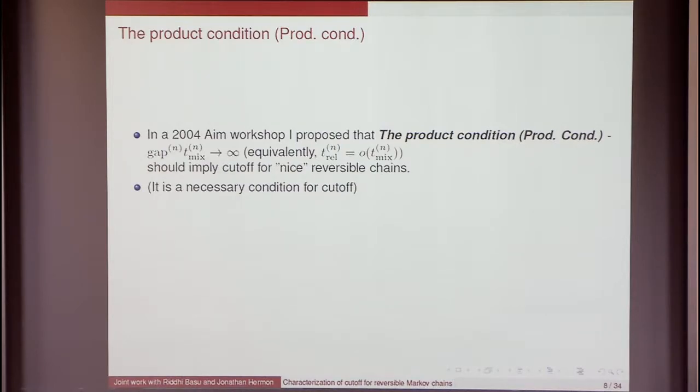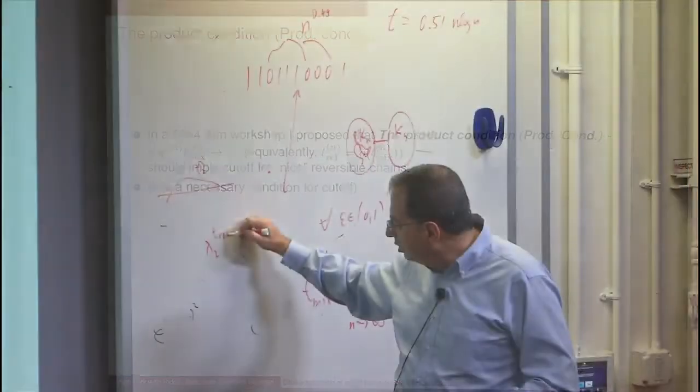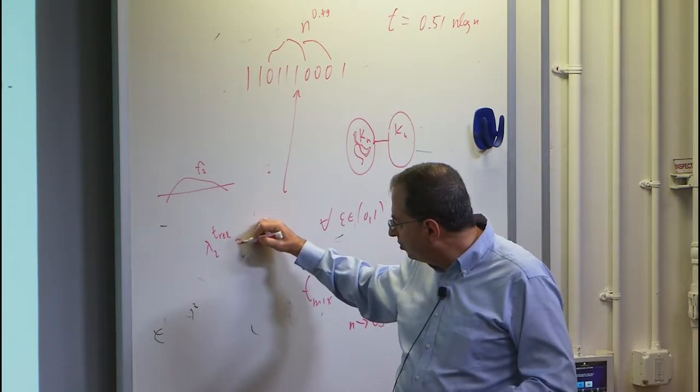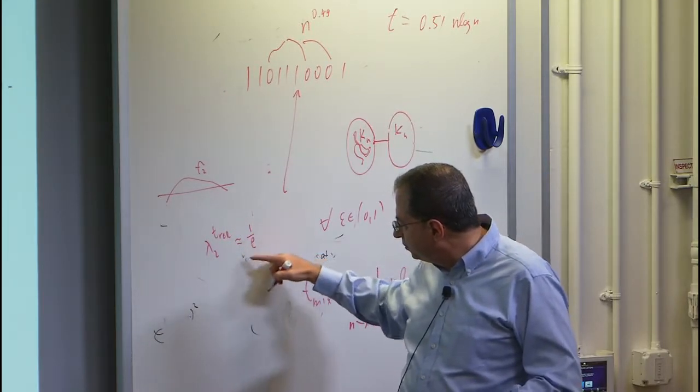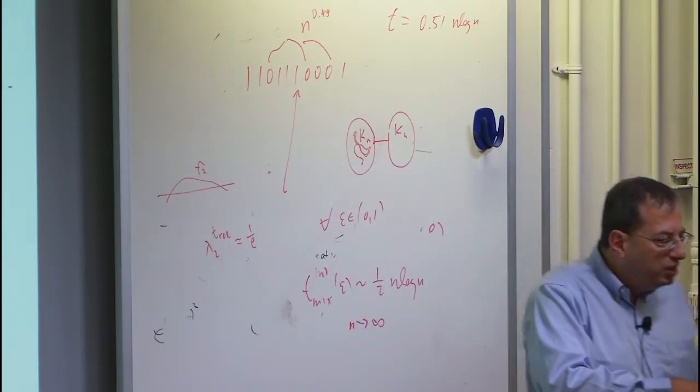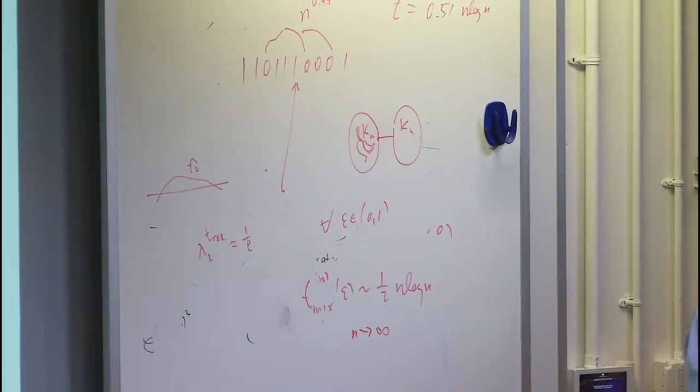Now, how much does f2 go down? It changes by a factor of lambda 2 in one step. So by the relaxation time, it will change by a factor lambda 2 to the power t_rel, and this is about 1 over e. So this perturbation goes down by a factor e by the relaxation time.